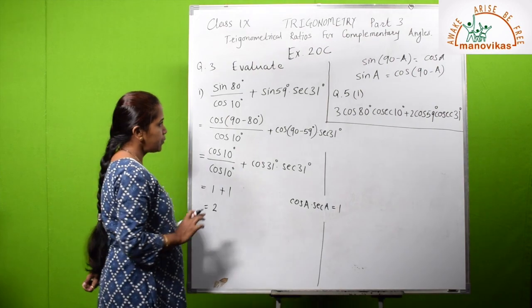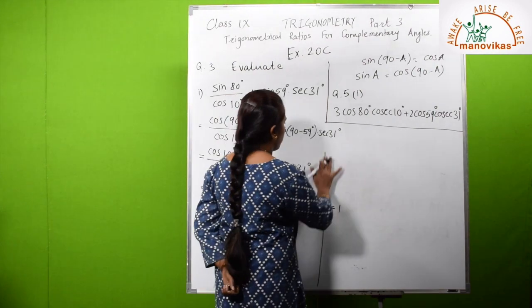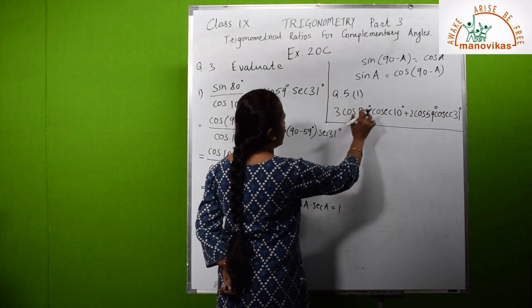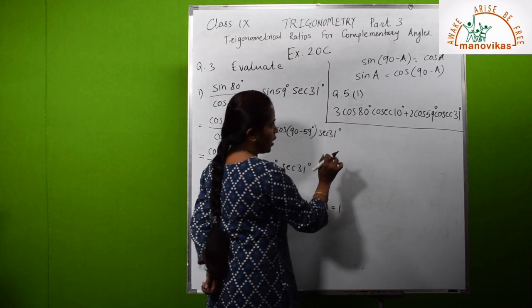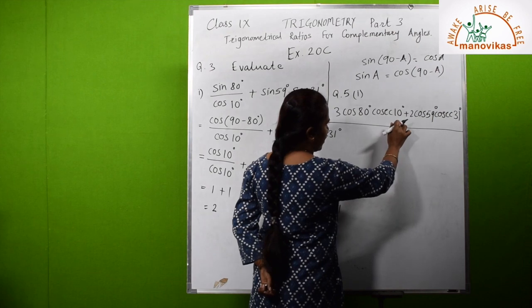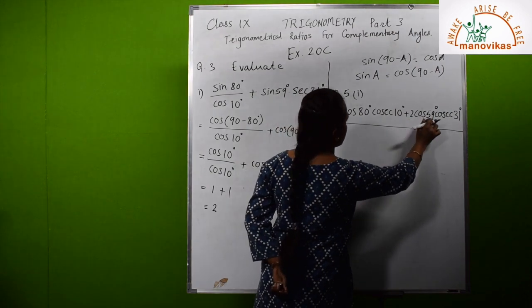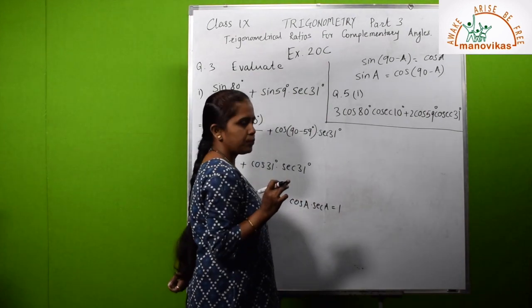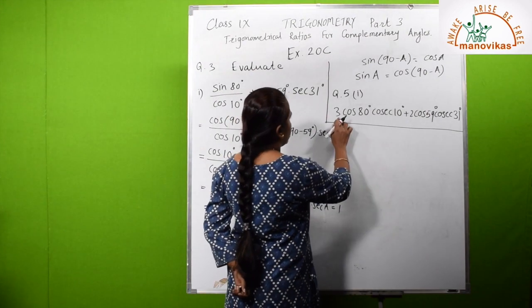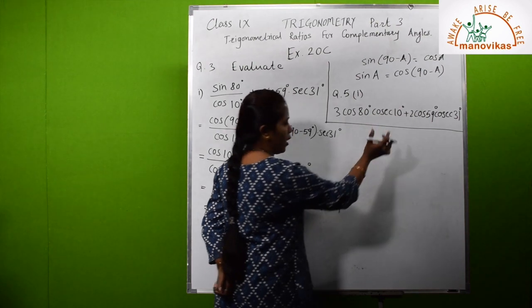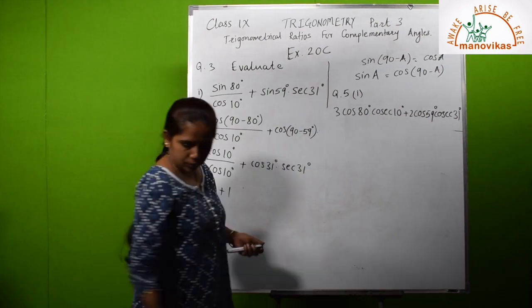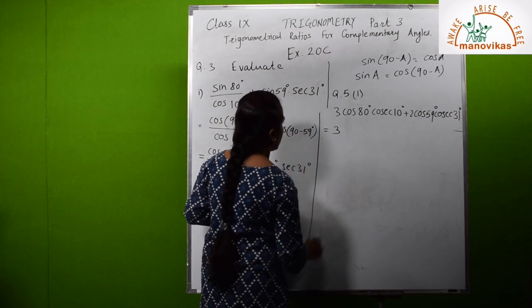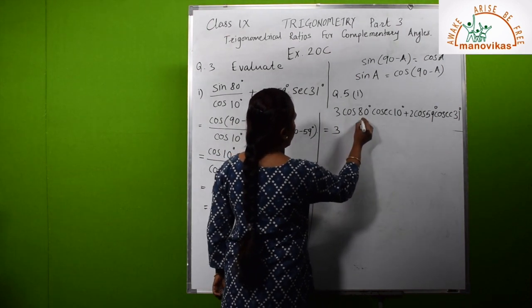Understood? Now next is question number 5. In that, 3 cos 80 degree into cosec 10 degree plus 2 cos 59 degree cosec 31 degree. Okay. Again, 80 and 10 are complementary angles. So how can we change this? 3 into cos 80 degree.